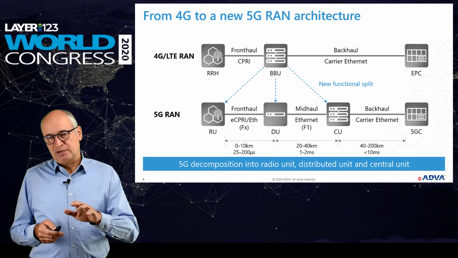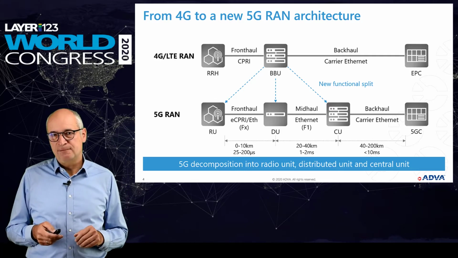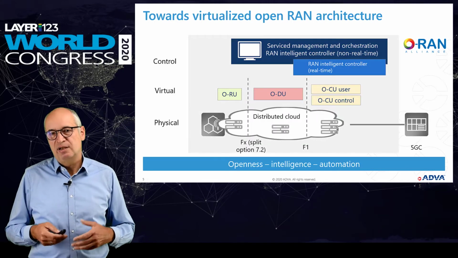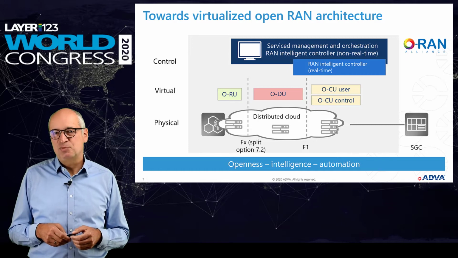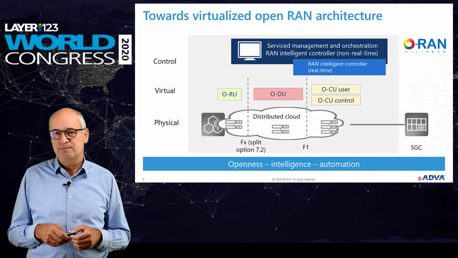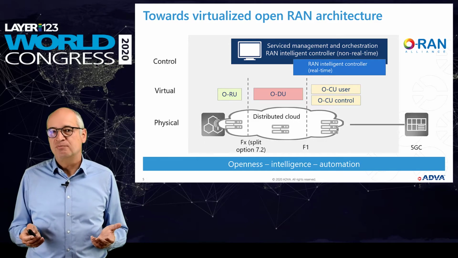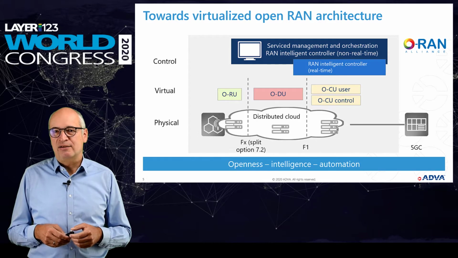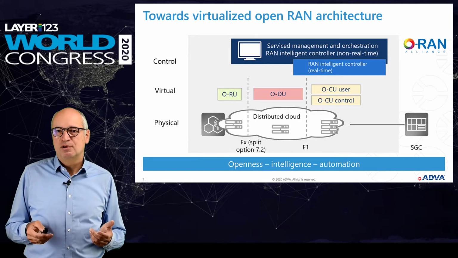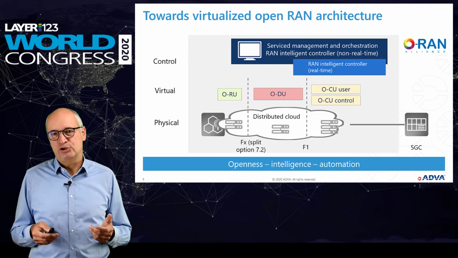So this is the target architecture for 5G developed by 3GPP. And with the Open RAN Alliance, this has been augmented with virtualization capability using work from ETSI NFV ISG, making it a 5G architecture which can be implemented in a fully virtualized way.